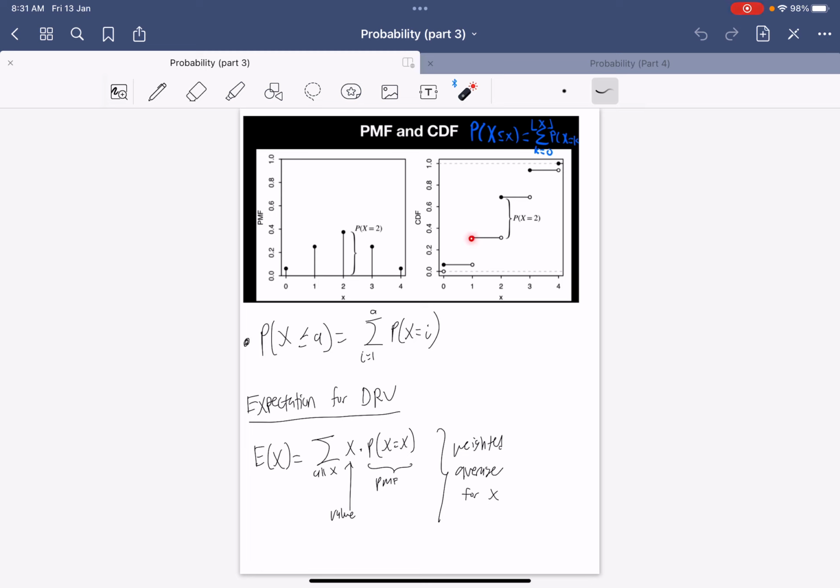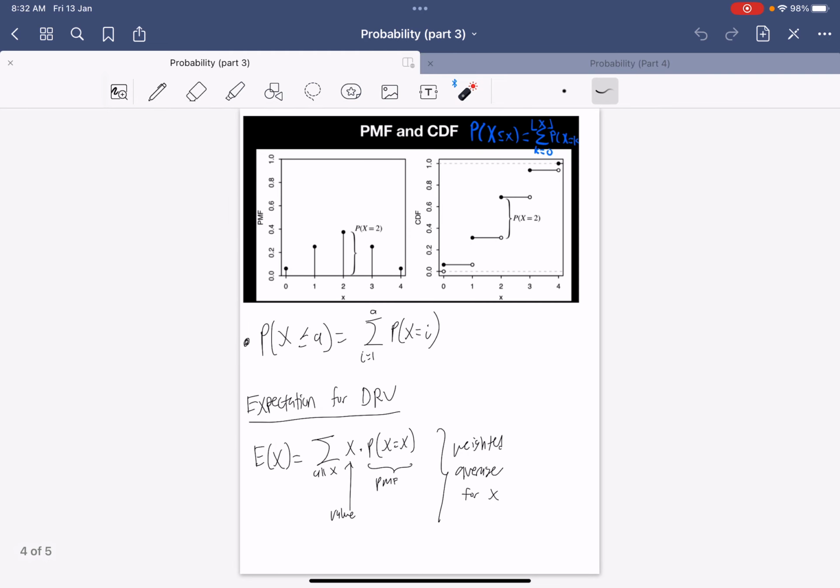And then for the next one, 0.3, you add on to the 0.1 over here, so now it's 0.4 like that. So just keep adding, and then you just keep increasing. So you can see it's a non-decreasing function over here.